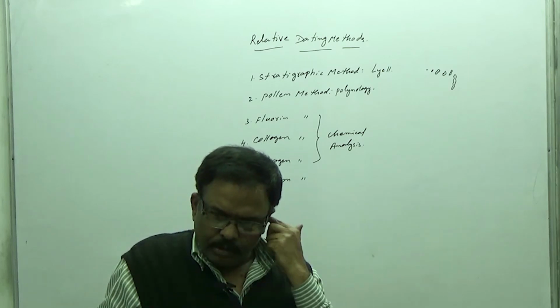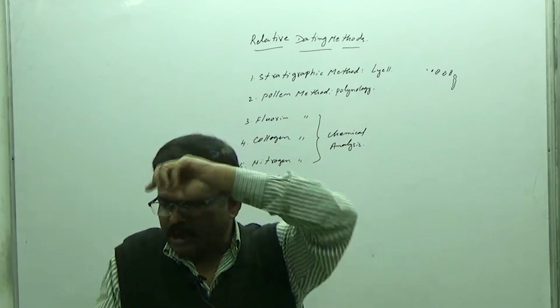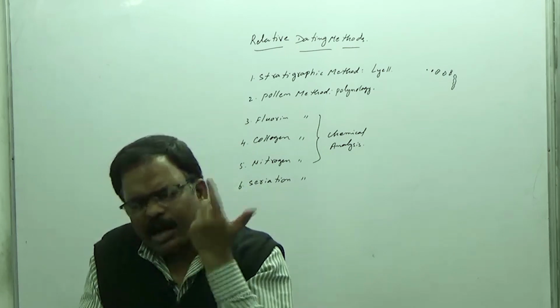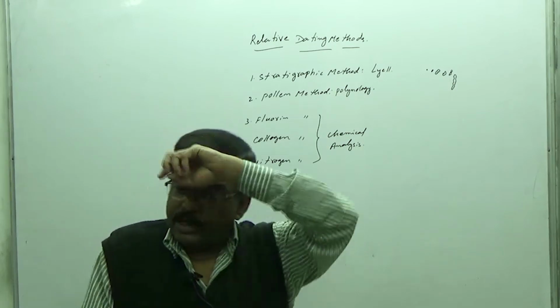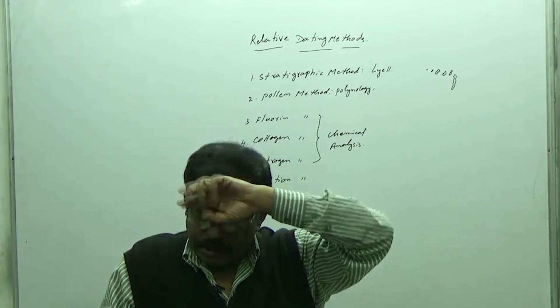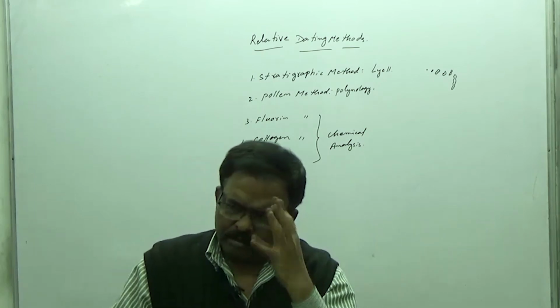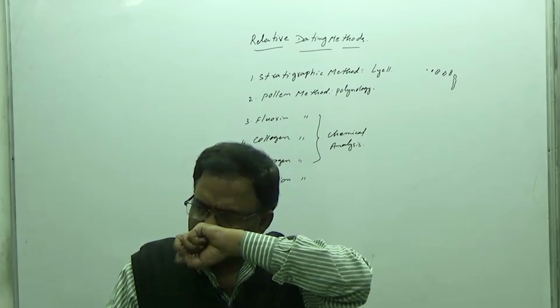That means different factors promote different dimensions. We can't say anything. What happened? How much heavy rain came? Then even in a single site, depending upon high fluorine percentage, you can't say this is the oldest one.